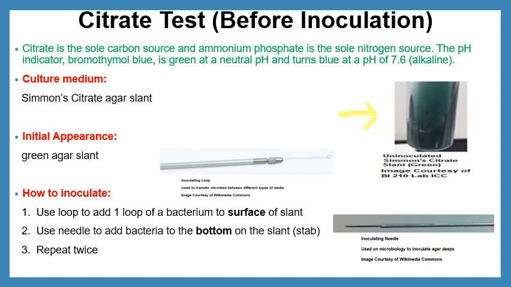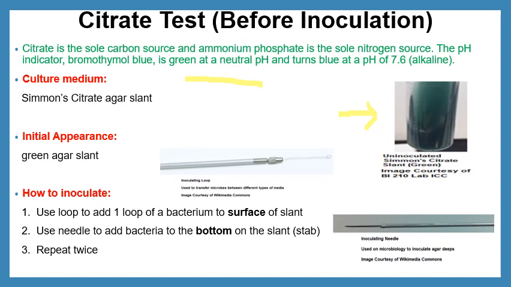Then, if the bacteria is able to use citrate as the sole carbon source, and ammonium phosphate, ammonium again is NH3, that would cause the pH to go up, making it more alkaline to about our pH of 7.6. That would indicate a blue color by our indicator called bromothymol blue. We will look at this more on the next slide.